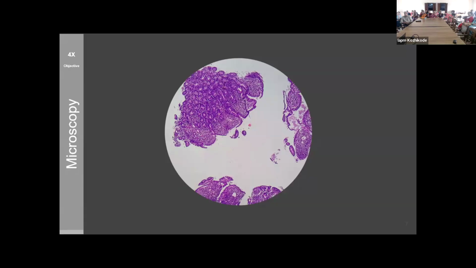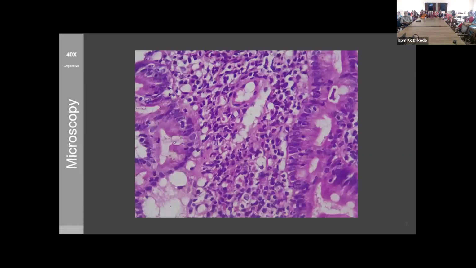Here we can see blunting and broadening of villi, as well as expansion of lamina propria. Coming to high power view, we can see dense inflammatory infiltrate in lamina propria composed of lymphocytes and plasma cells, and occasionally very few neutrophils and eosinophils.